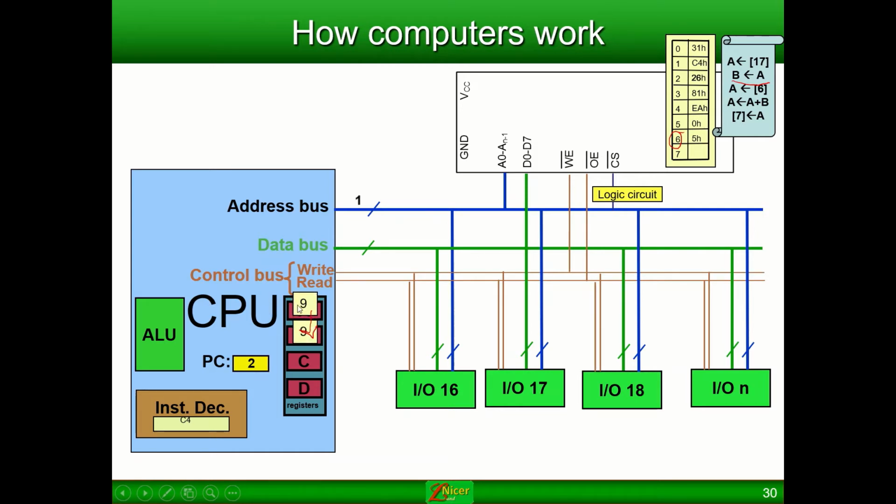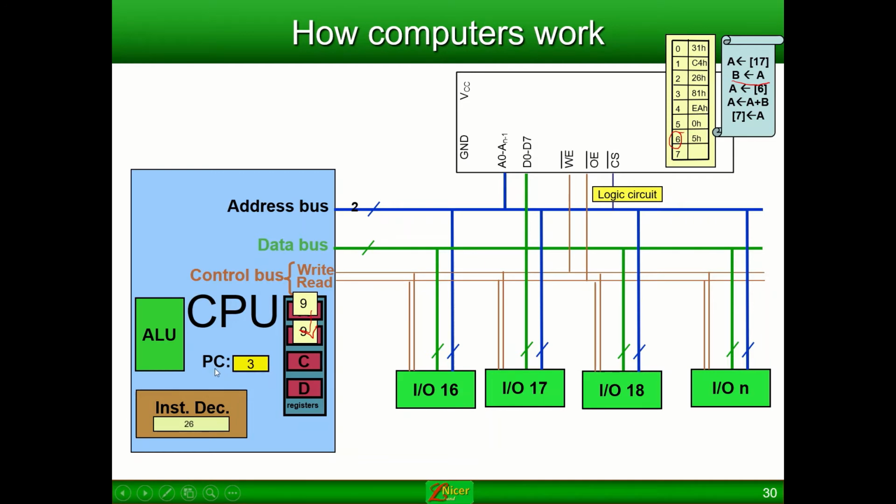So now 9 will be copied from A and placed at B. Now our program counter has given the address to the address bus, and we have access to the instruction stored at address 2.